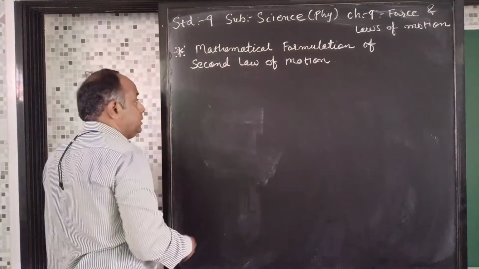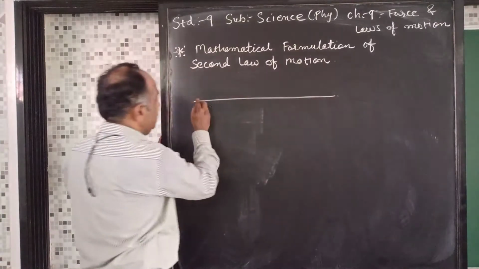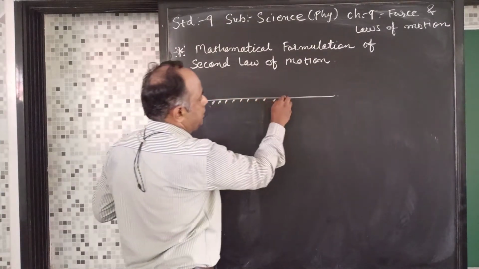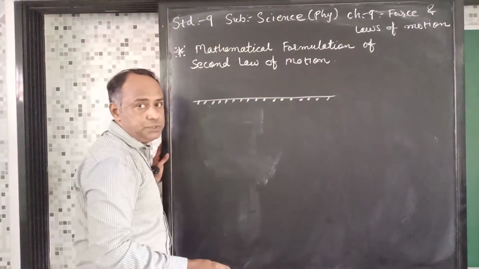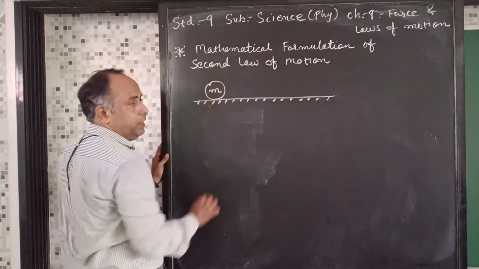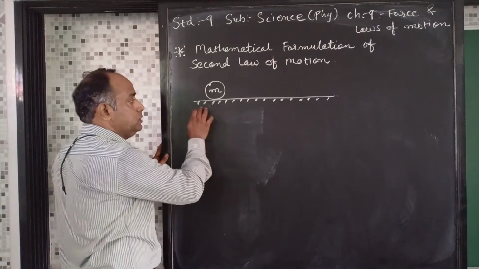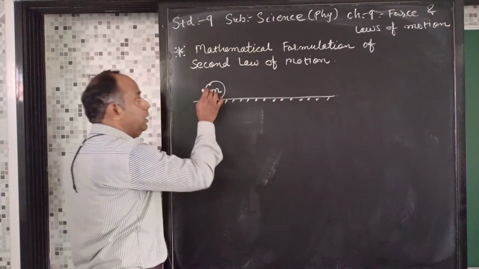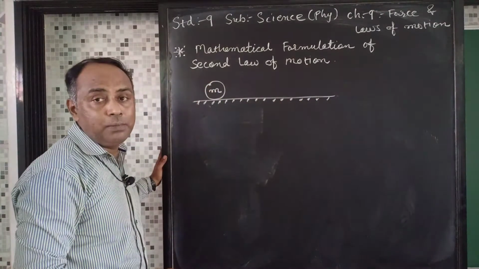Let us consider a straight path, and here we have an object having mass m.